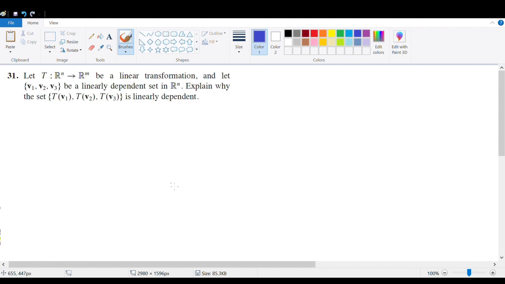In 31, let T from Rn to Rm be a linear transformation, and let V1, V2, V3 be a linearly dependent set in Rn. So we are given that this set is linearly dependent. That means C1 V1 plus C2 V2 plus C3 V3 is equal to 0 for C1, C2, C3 not all of them 0.